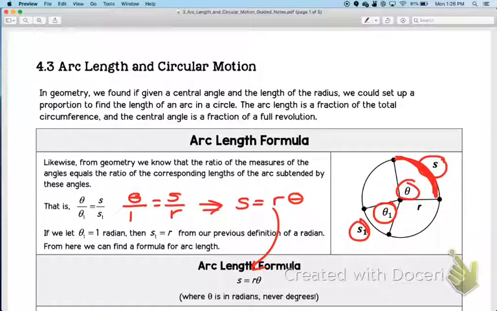You are going to want to memorize this formula. It's not very complicated. Your arc length is equal to the radius times theta, as long as theta is in radians, never in degrees.